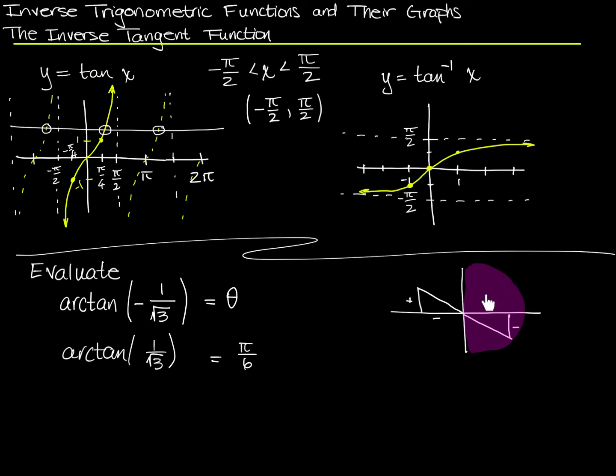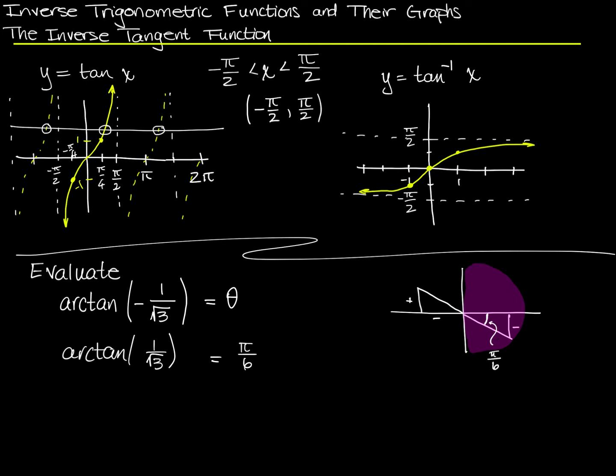But that's in quadrant 1, and I need to be in quadrant 4. So if my reference angle is pi over 6, then this little angle back from 0, the size of that angle is pi over 6.